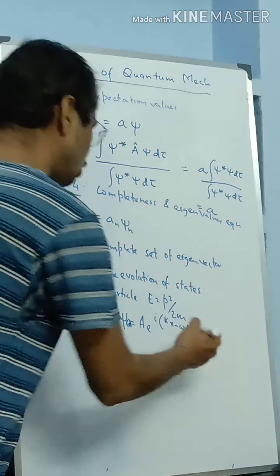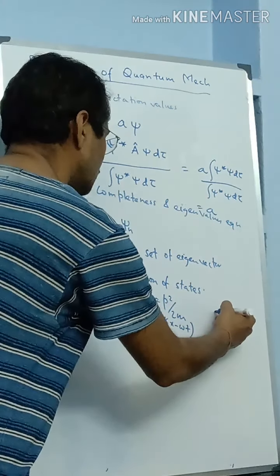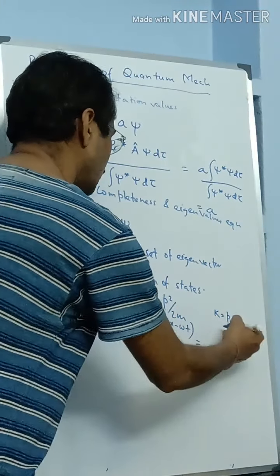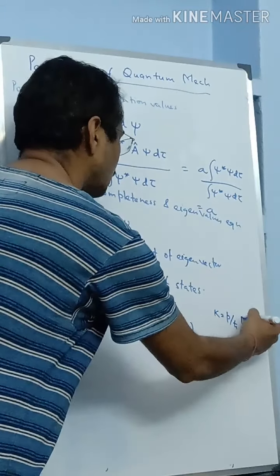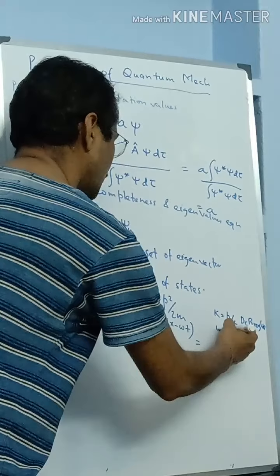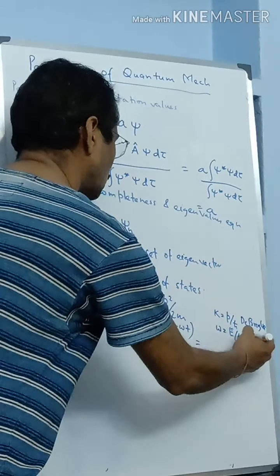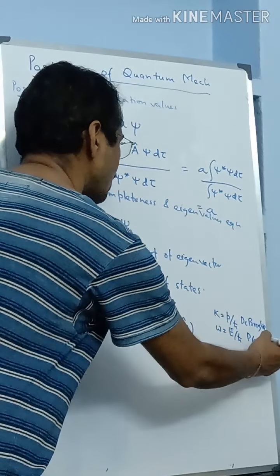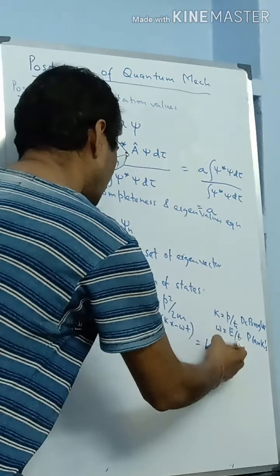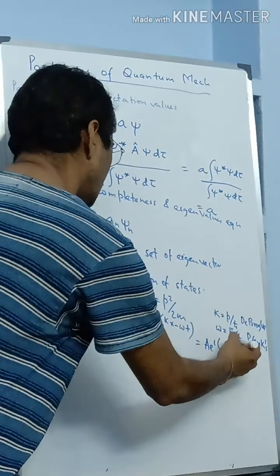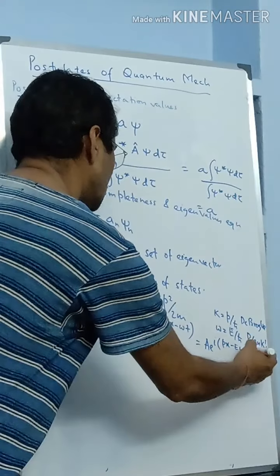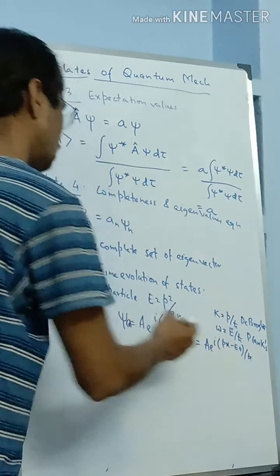Then by using the de Broglie hypothesis, k is equal to p by h cross, and ω is equal to E by h cross, which is Planck's law. Then we can always write this wave function as A e to the power i of (px minus Et) by h cross.